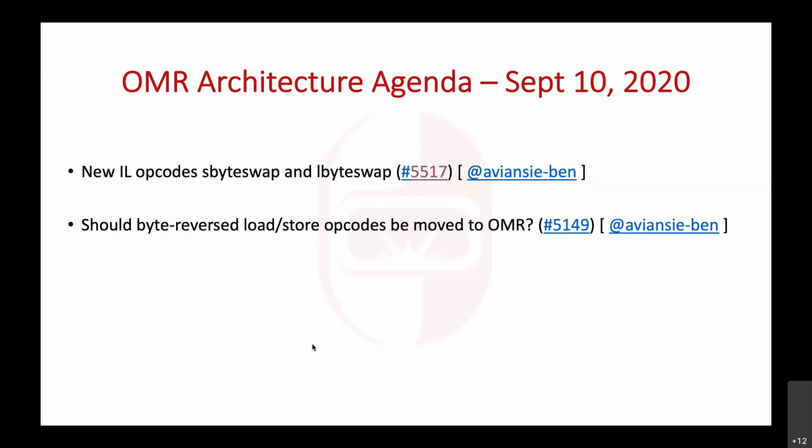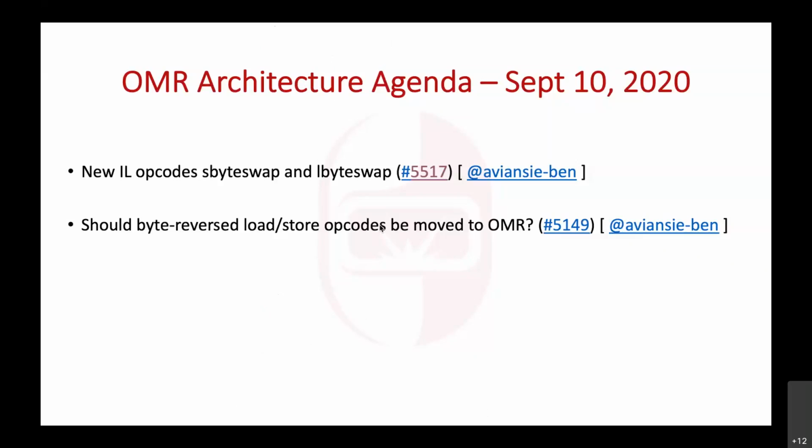So I guess that moves us into our next topic of byte-reversed loads and stores. OpenJ9 does currently have some byte-reversed load and store opcodes. Things like IRI load, which is supposed to load an integer and byte-reverse it simultaneously.